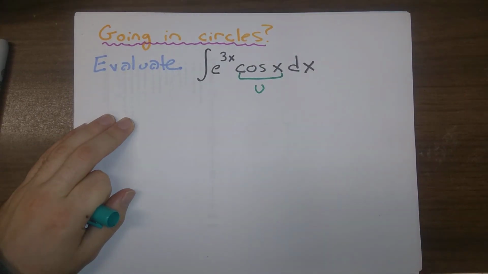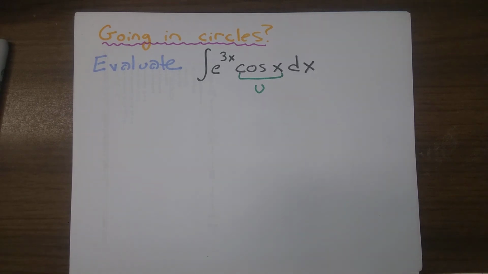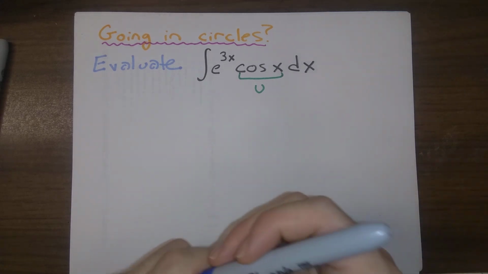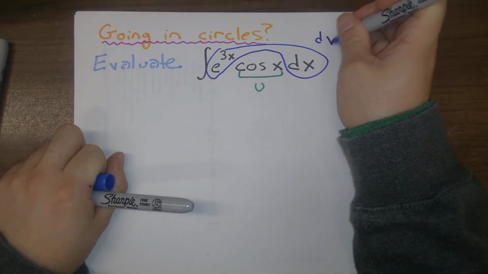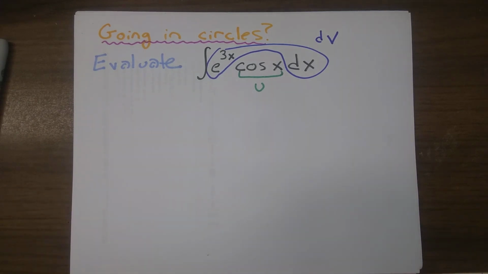So let's try this out. We're going to make the choice here that u is equal to cosine x, and this is going to be our dv right here. Let's see what happens.